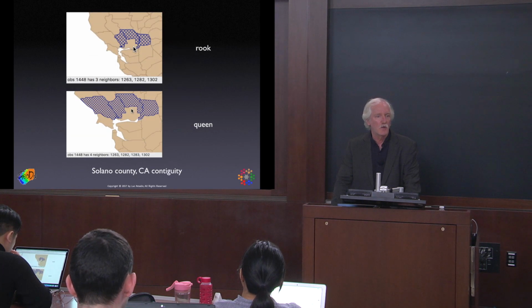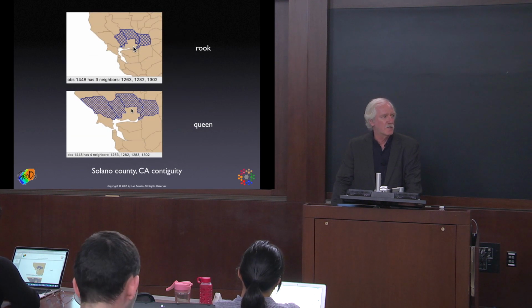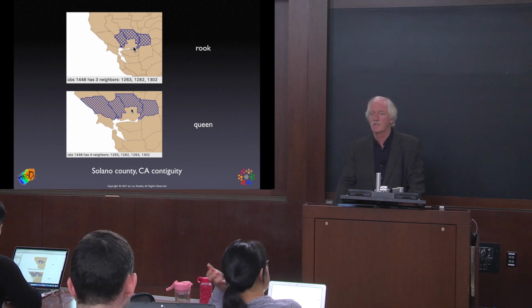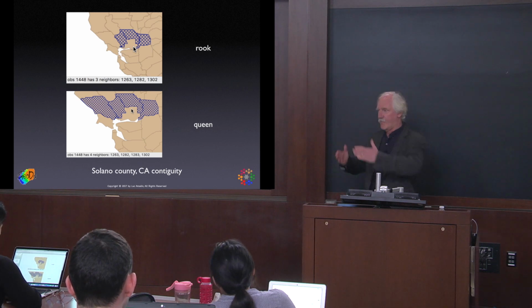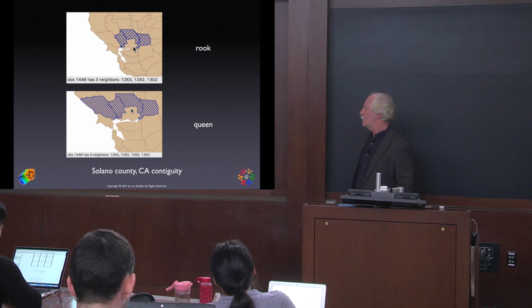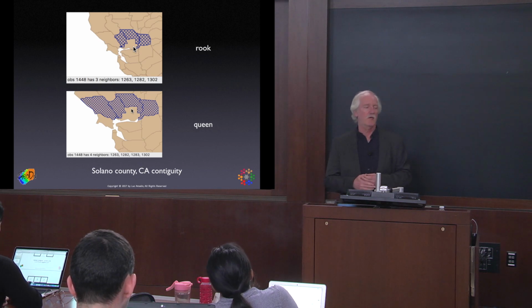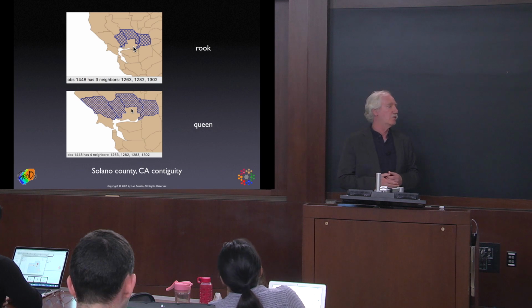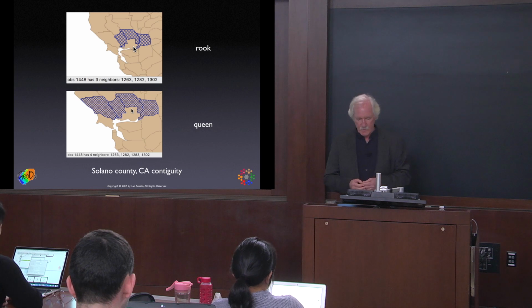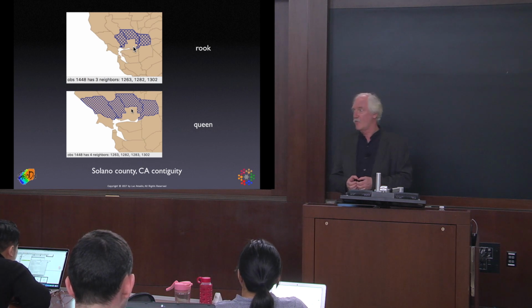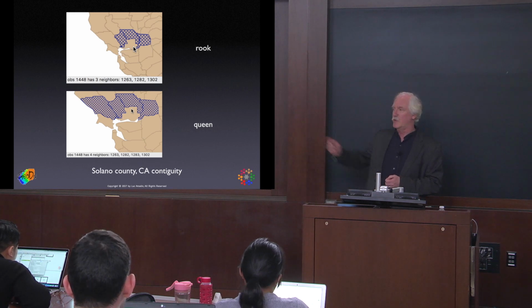And so even in irregular data sets, there is a difference. But I had to look very hard to find these cases. These are kind of artifacts to some extent, where you have corner situations. So when you have corner situations, then there will be a difference between the notion of rook weights and the notion of queen weights. And you can check this out if you have a map of the US. Solano County in California, there's a difference between rook and queen weights.